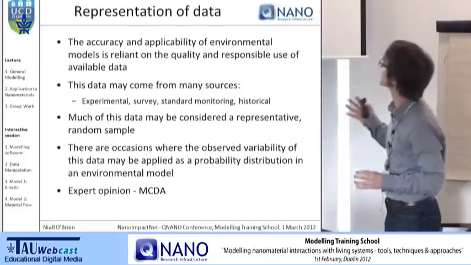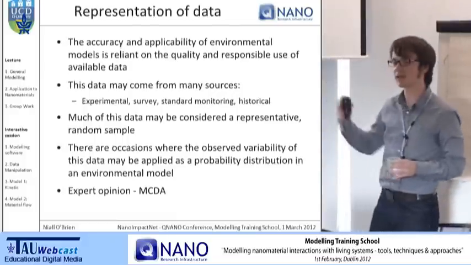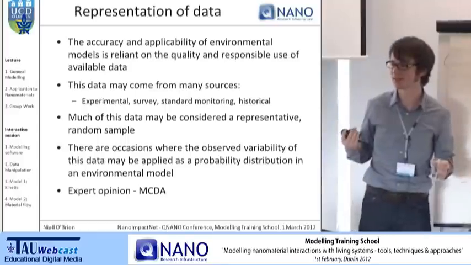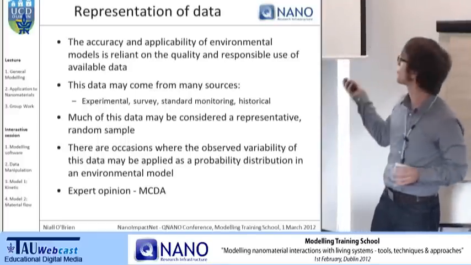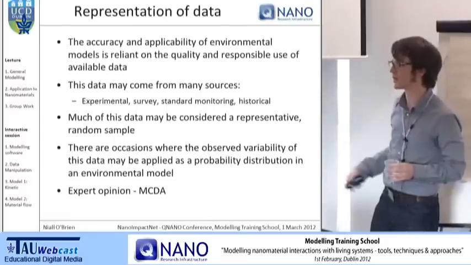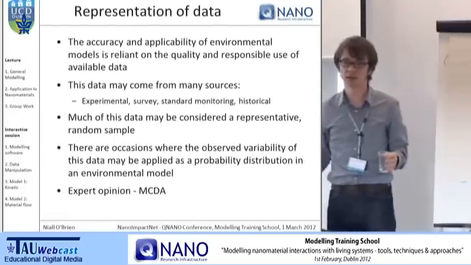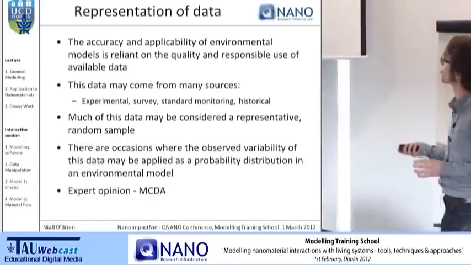And this data can come from many sources: experimental data, survey data, expert opinion, which can be represented sometimes in models in a qualitative way. Standard monitoring of aquatic conditions or atmospheric conditions. Could be historical data. If we can manipulate this in some way or use it, we can use this.